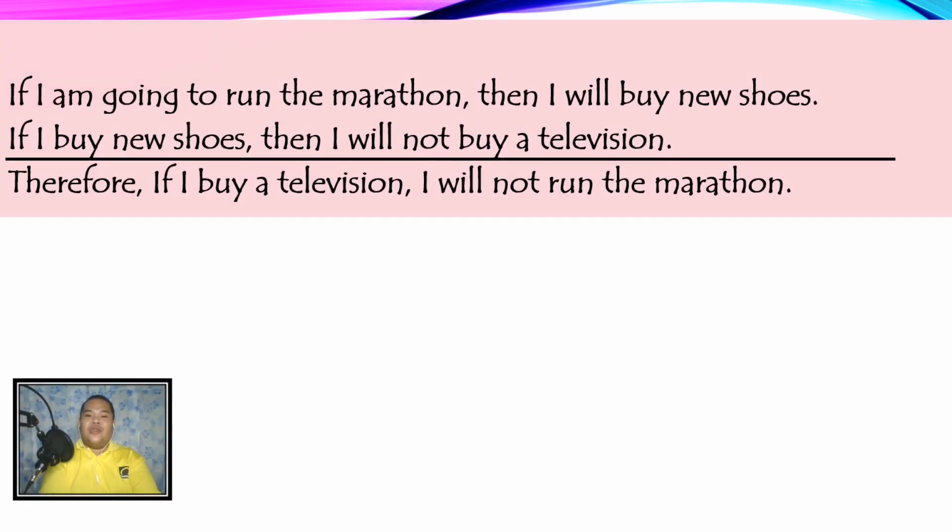How about you try answering whether the argument is valid or not valid? If I am going to run the marathon, then I will buy new shoes. If I buy new shoes, then I will not buy a television. Therefore, if I buy a television, I will not run the marathon.